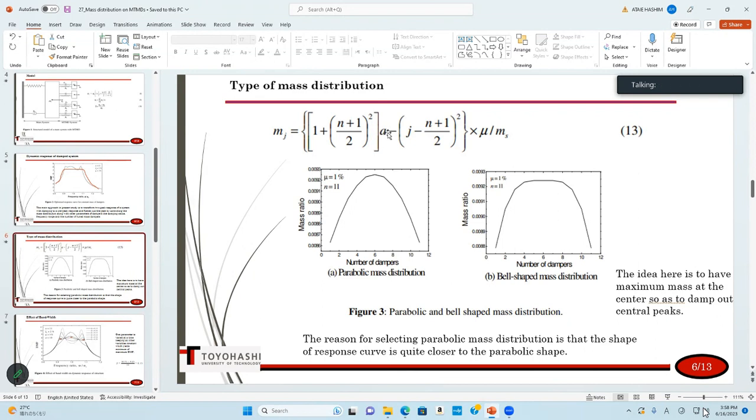It just dedicates an amount of mass to the other PMDs, as you can see later. So they want to just focus on these two methods of mass distribution.